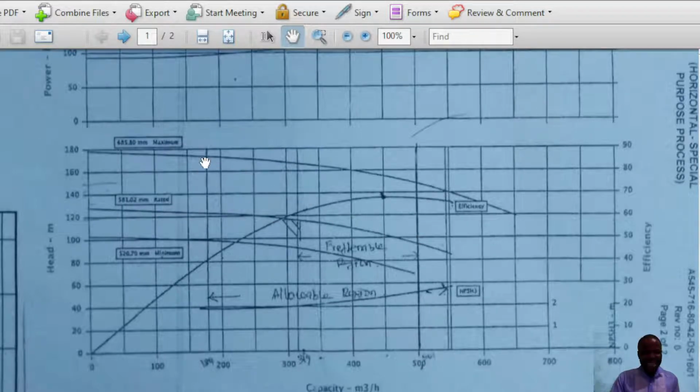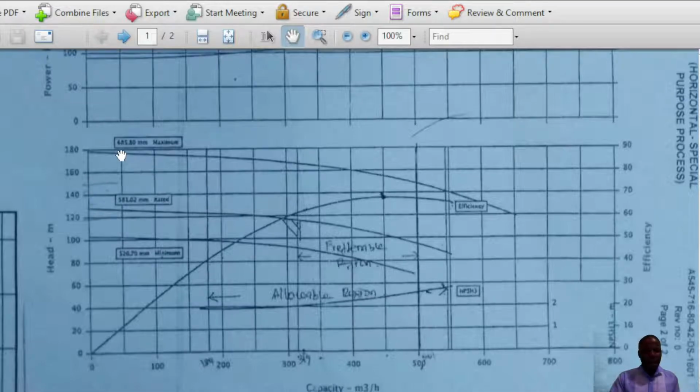We already discussed how to read a centrifugal pump curve in the previous uploaded sessions, so if you are yet to see that, you can check some of the previous sessions.